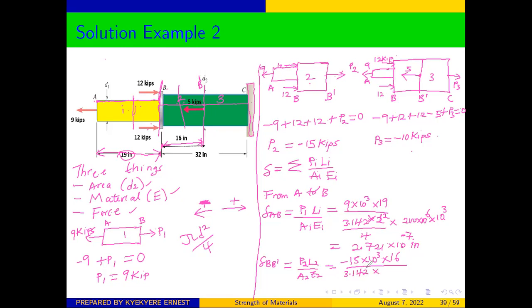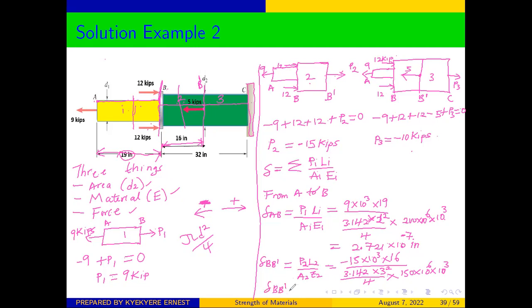The area is 3.142 times the diameter at that side. We were told that the diameter is 3. So we have 3 squared over 4 times the modulus, which we are given as 150 times 10 to the power 6 times 10 to the power 3 because of the KSI. Don't forget the KSI. So from there, we can get our deformation in BB prime.